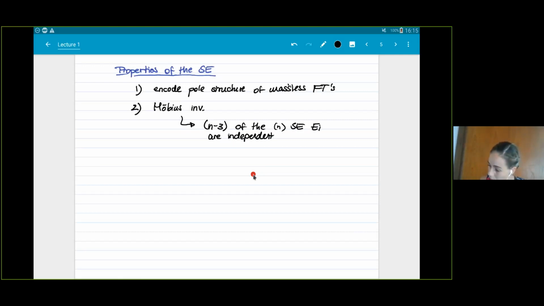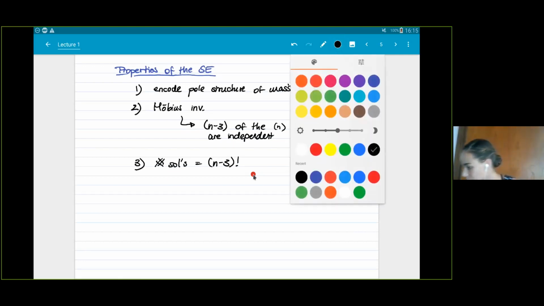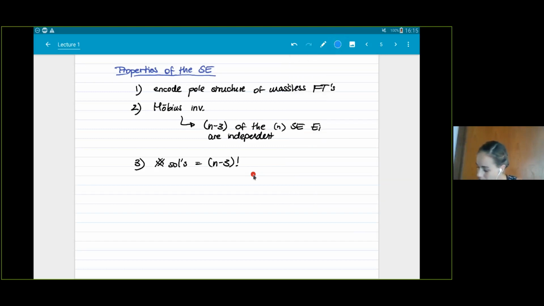Now, you can also look at how many solutions there are and what the solutions are like. And something that is very easy to prove is that the number of solutions is just given by (n-3) factorial. Now, in practice, we will actually never solve these except for at 4 points if you want to be especially ambitious and do it on the homework.